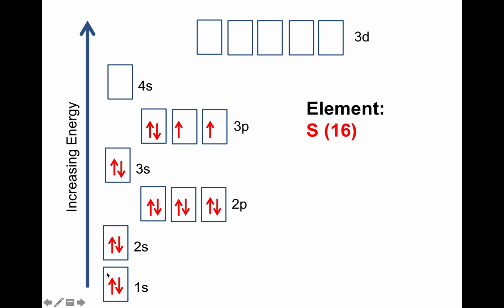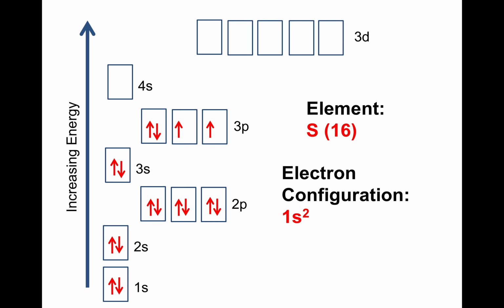So we're going back to our element sulfur. So I said this is the map, and now we're going to write the instructions. So basically what we're going to do is we're going to list the number, the letter, and then how many arrows or electrons there are in that box. So this is the first period, the s orbital, and there are 2 electrons represented there. Then if I look right here, I have the second period s orbital, again with 2 electrons.